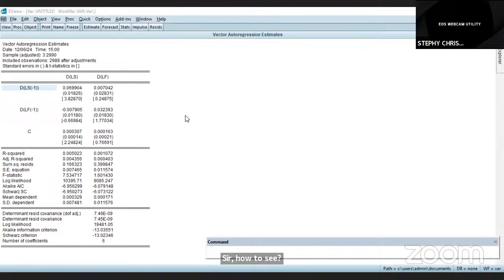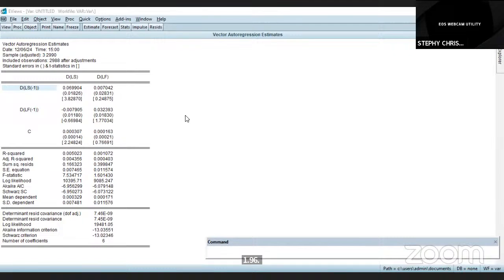Okay. So here, the t-test. Look at the t-value. The t-value is provided in square brackets, no? What did I tell you? What is the benchmark? 1.96. Is it greater than 1.96?